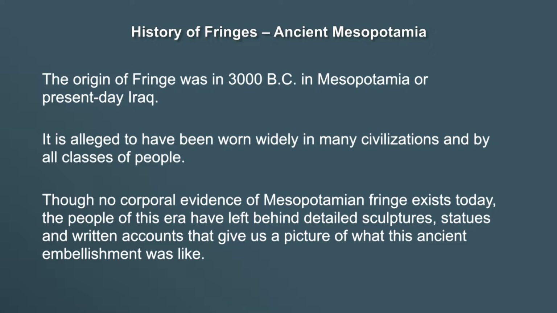Though no corporeal evidence of Mesopotamian fringe exists today, the people of this era have left behind detailed sculptures, statues, and written accounts that give us a picture of what this ancient embellishment was like.